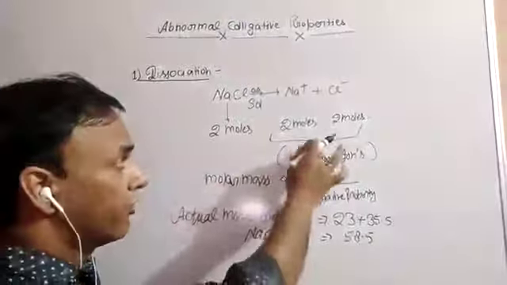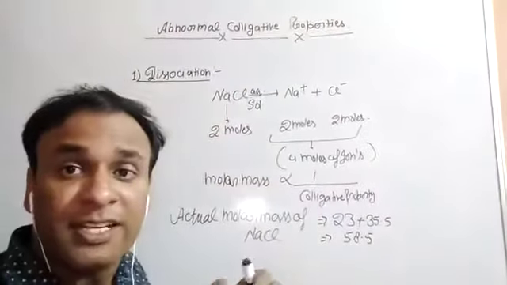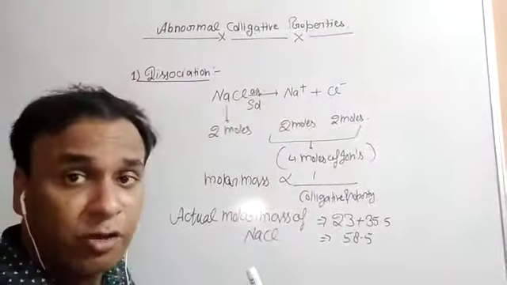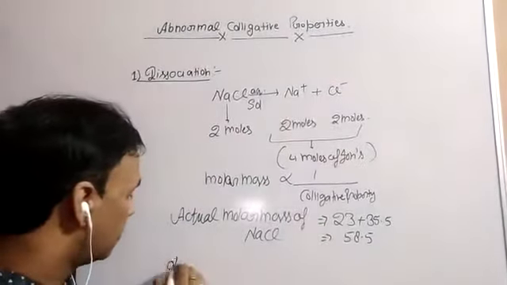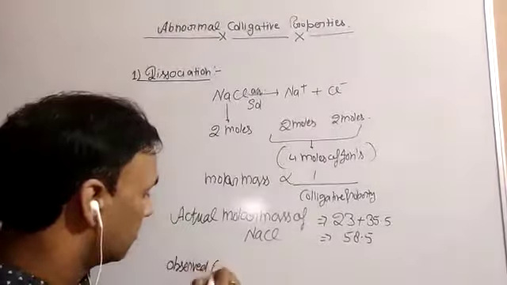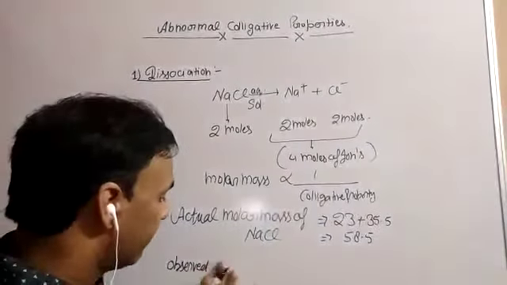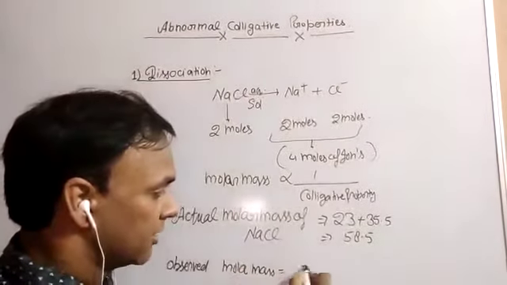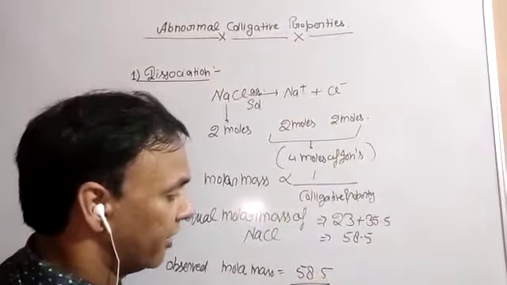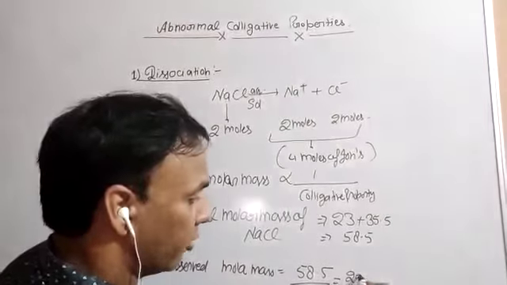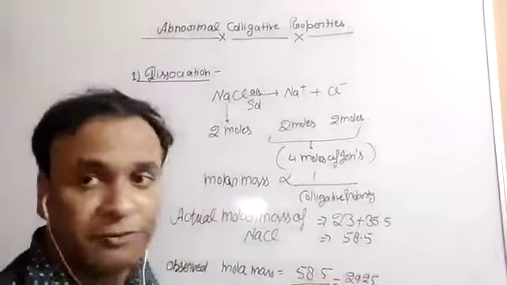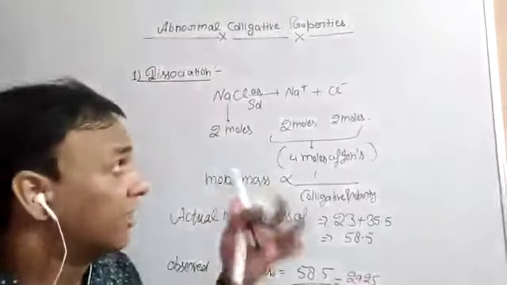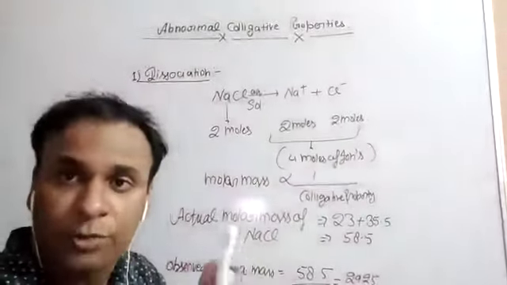But in case of ions, now the colligative property is doubled because double the ions are obtained. That means the observed colligative property or molar mass is 58.5 divided by 2, that is 29.25. This is the observed colligative property, which depends on the number of ions present in aqueous solution.